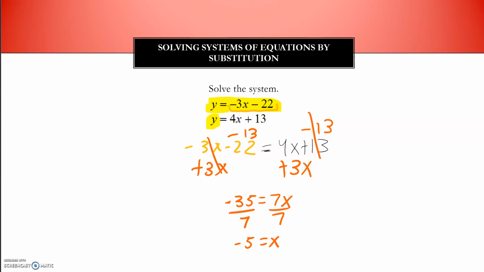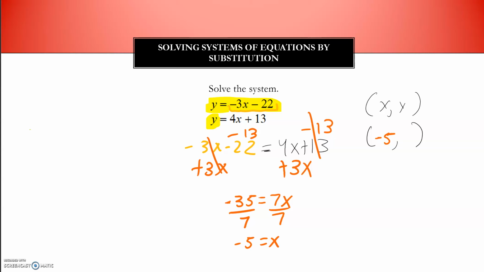I wasn't asked to solve for y. I was asked to solve the system. That means finding an answer, an ordered pair (x, y), that works in both of those equations. I have just found the x, negative 5. I need to find the y. Now, you can choose whichever equation you like.